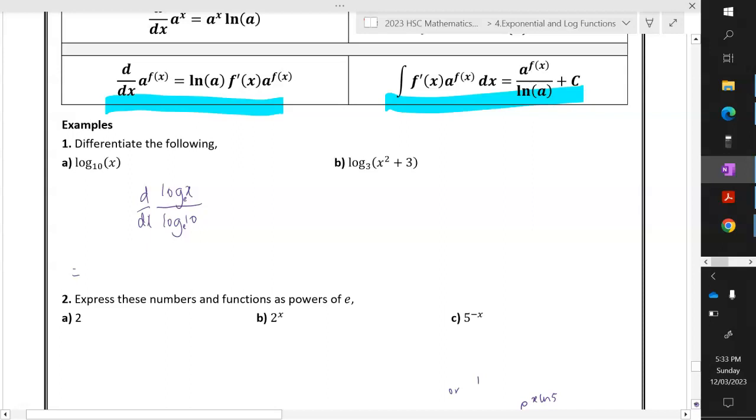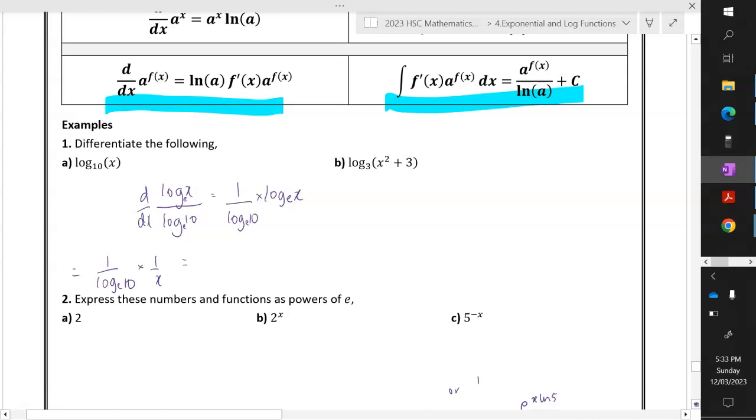So basically what we have when we're finding the derivative of that, we've got this 1 over log base e of 10, which is a constant number, times log e of x. So when I differentiate that, I still get my 1 over log of base e of 10 times the derivative of log e. When we're differentiating logs, it's the derivative of the function over the function, so it's 1 over x.